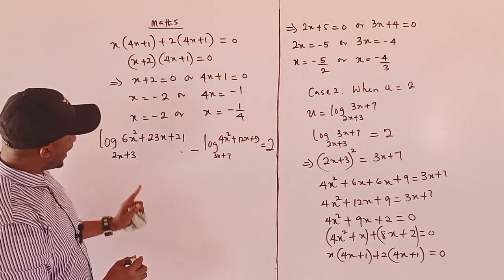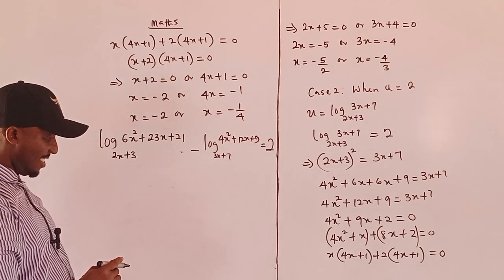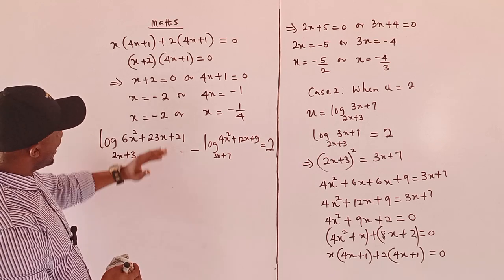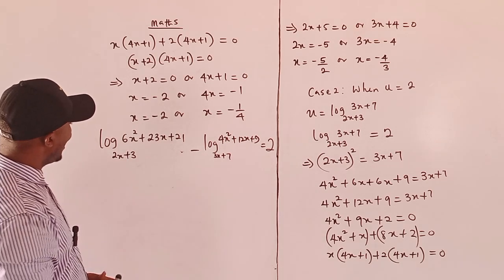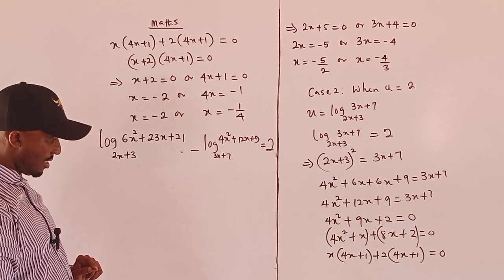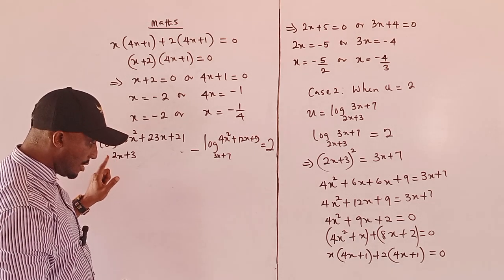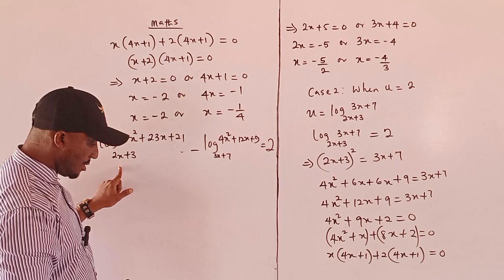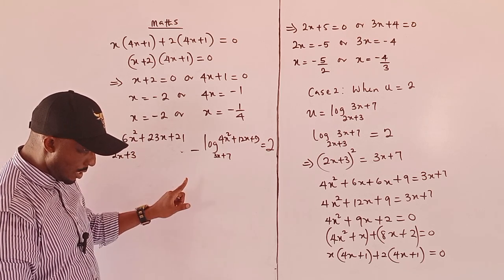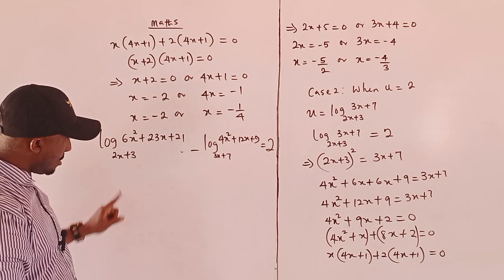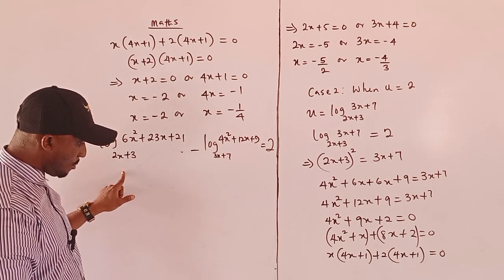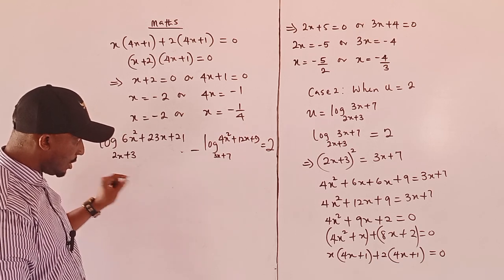Now, if you look at this equation carefully, using the argument is going to be a bit complicated. I will take the two bases. Let me just take 2x + 3. The domain of this is going to be x must be greater than -1. So 2 multiplied by -1 is -2, plus 3 is 1.